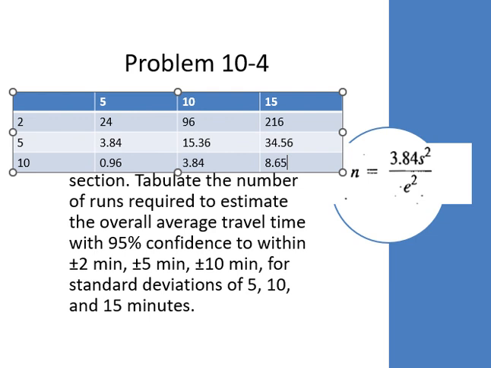Another thing you can see, when E increases, the number of values required is less. E is your precision level. So if you don't want to be precise, you can have fewer values. People who pass the course in the first attempt, your precision is very low. You should repeat the course 2-3 times. Then you will get your precise grade.